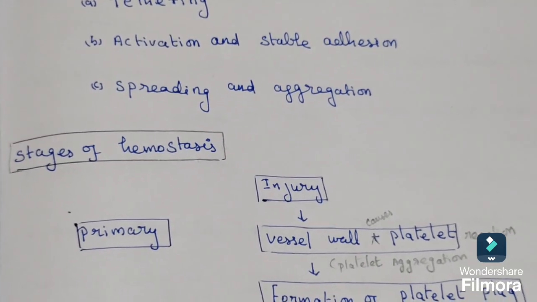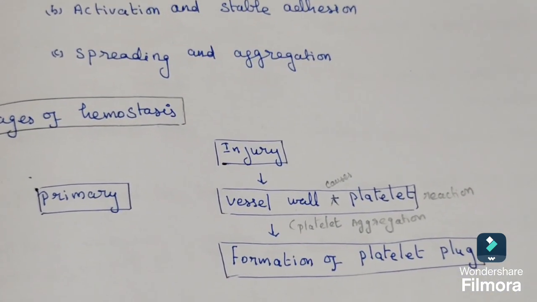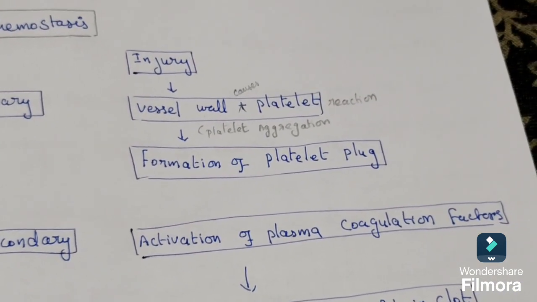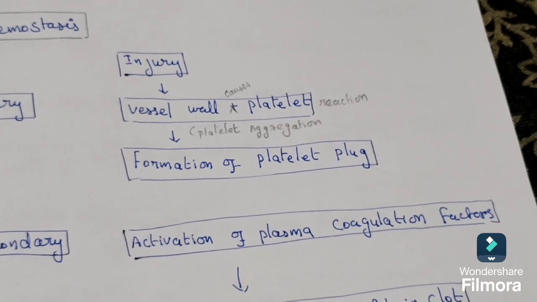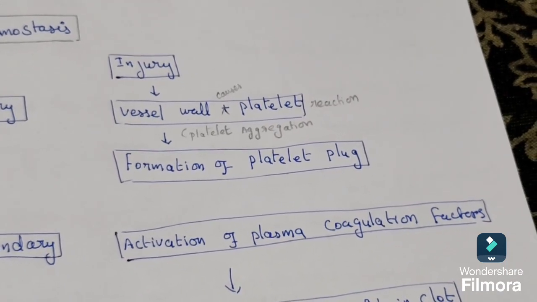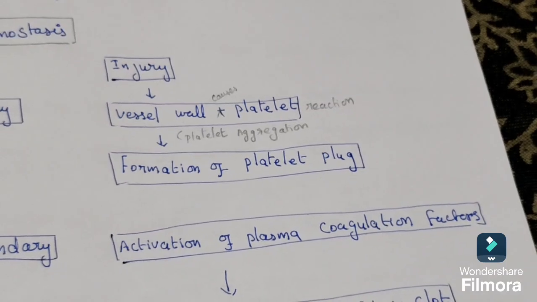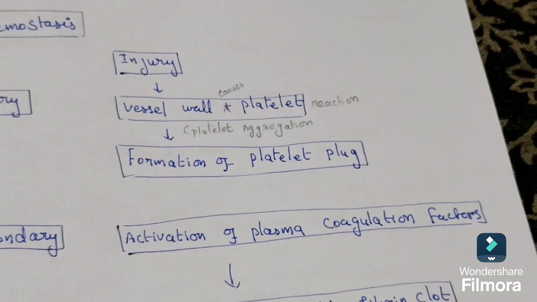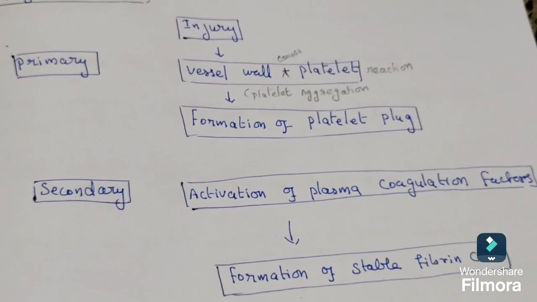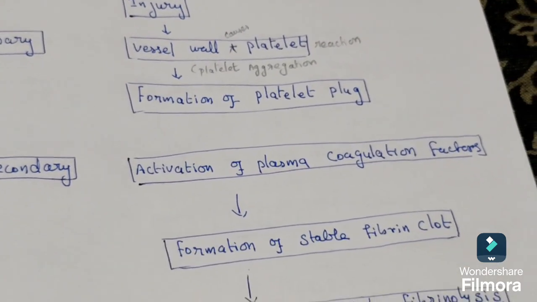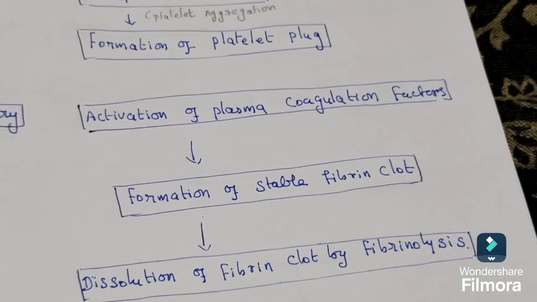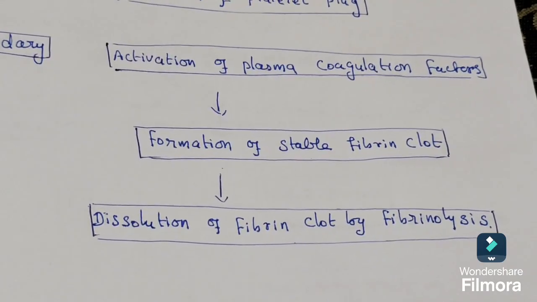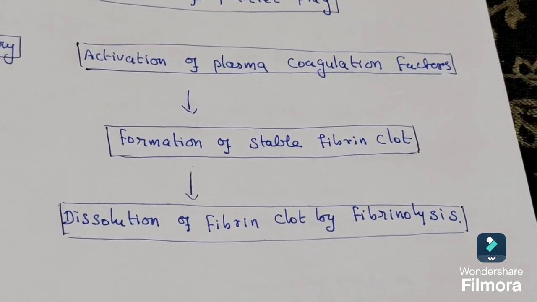Coming to stages, it has two stages, primary and secondary. In the primary stage, injury to the vessel wall causes platelet reaction, which leads to loose platelet aggregation and the formation of the platelet plug. In the secondary stage, activation of plasma coagulation factors and formation of stable fibrin clot, then dissolution of fibrin clot by fibrinolysis.